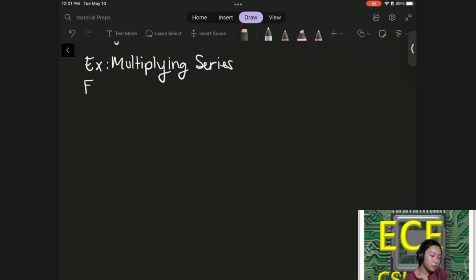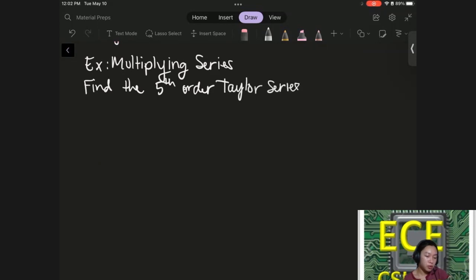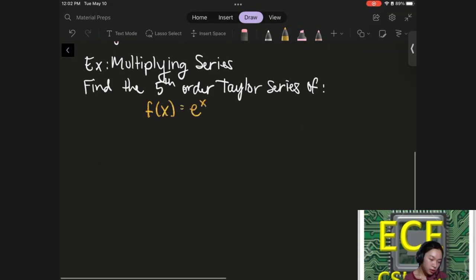Okay, we're going to find the fifth order Taylor series of f of x equals e to the x cosine x. So it's e to the x times cosine x.